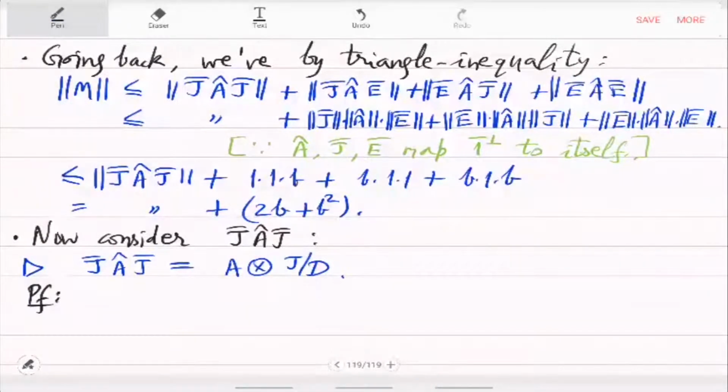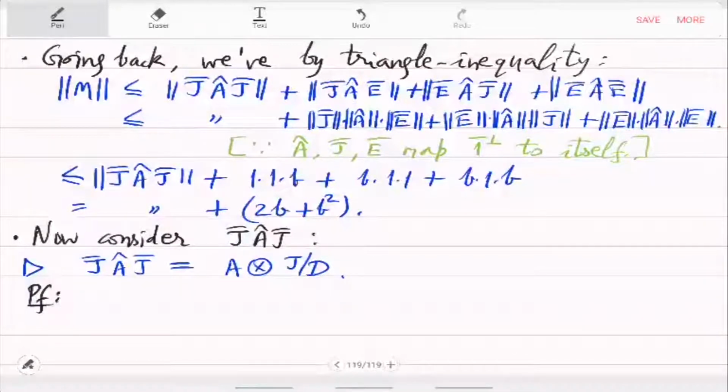Okay, so remember J bar is the tensor product of identity with J by d, right, and A hat is the permutation coming from A, coming from graph G. So it's not very surprising that when you multiply A hat with J bar on left and right, then you again get a tensor product.